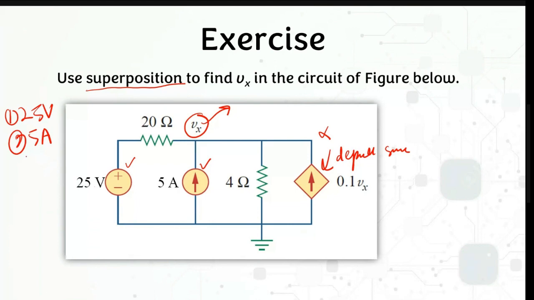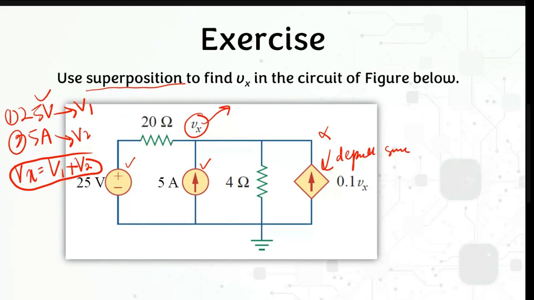You need to calculate V1, which is coming from the 25, and V2, coming from the 5 ampere source. So your Vx is equal to V1 plus V2, because for the dependent source, you just leave it intact. Nothing happens, nor is there anything involved with the dependent source.